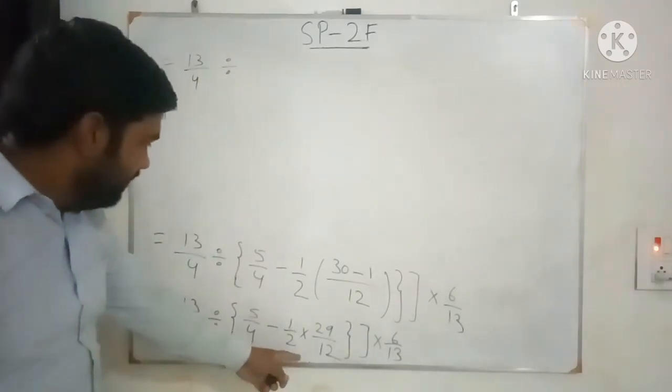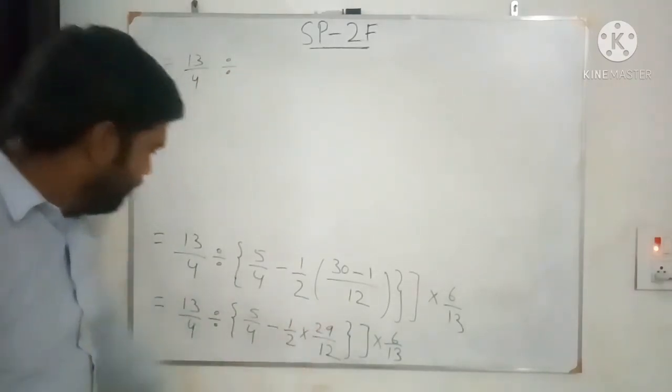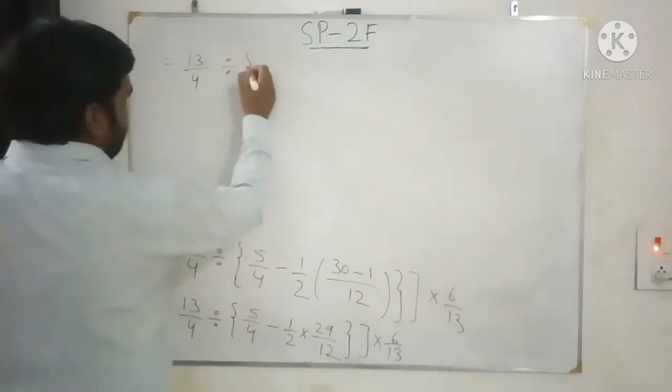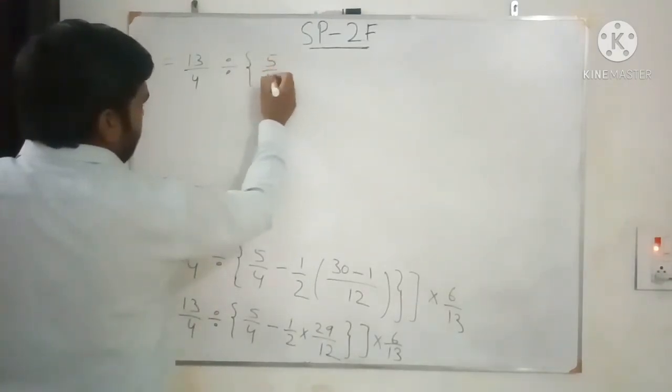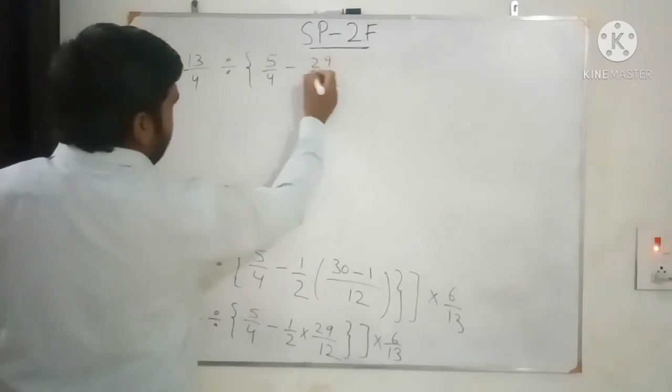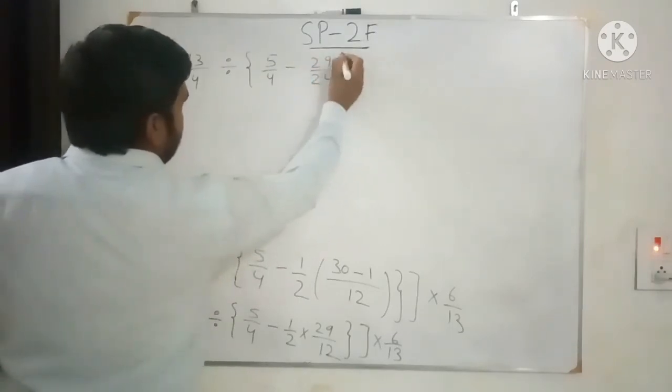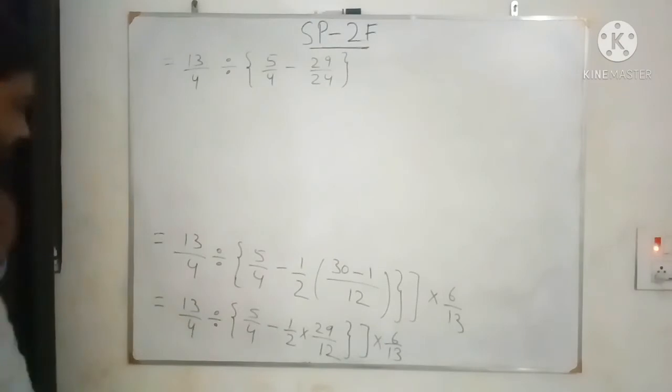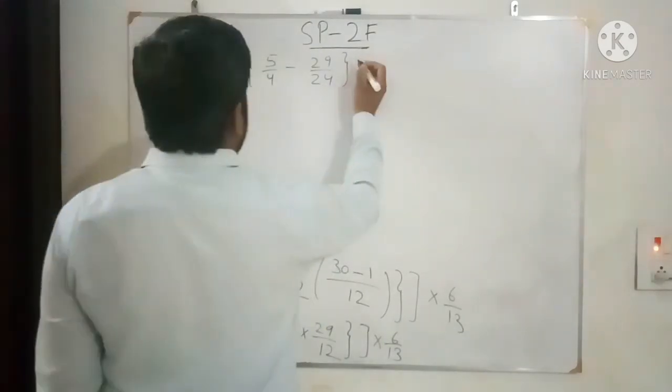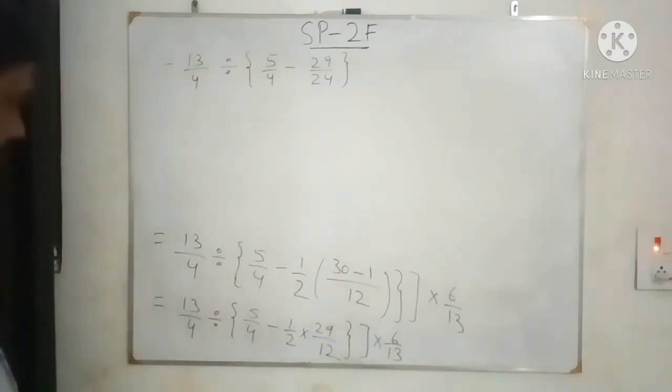Now see here what the answer will come: 29 by 24. 5 by 4 minus 29 by 24.